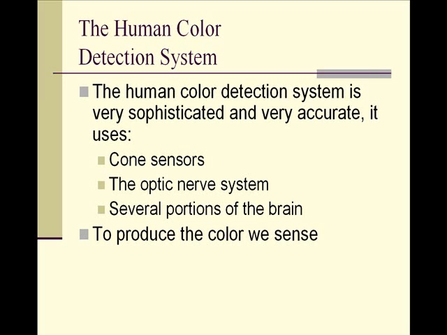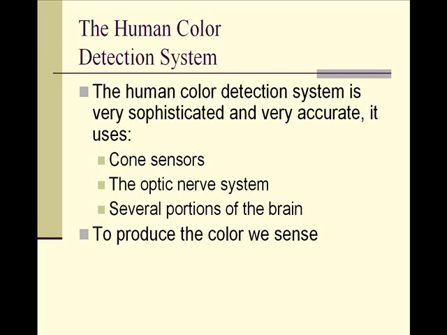Sometimes they work correctly and sometimes they don't. If they don't work correctly, then we have a person that doesn't have normal color vision. They have some kind of color vision deficiency, or the common term we use is colorblind. But all of those systems have to work correctly for the person to have normal color vision.